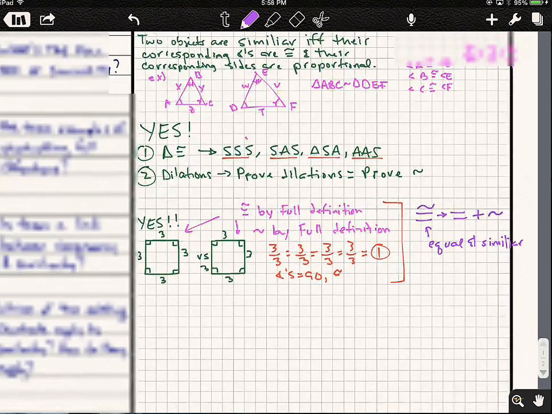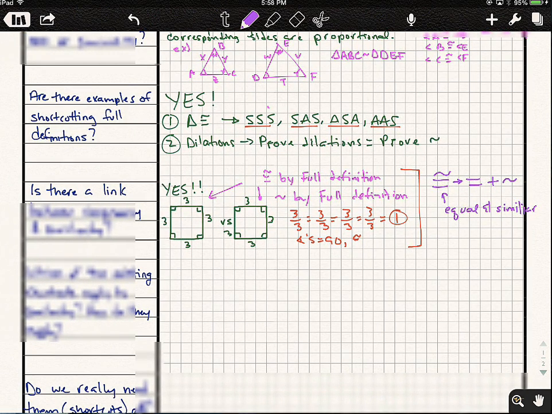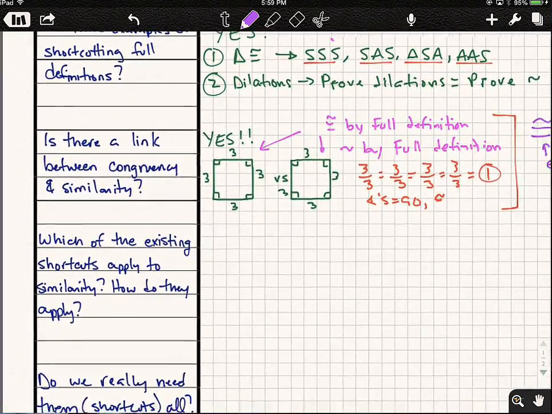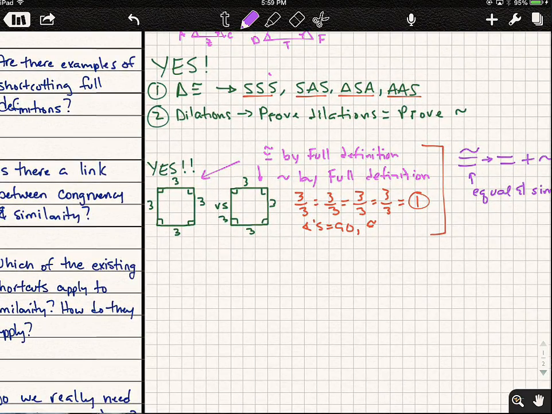In fact, if you look into the etymology of that sign, you'll find that's actually why it was chosen: it combines the quality of similarity with equal measure. So we know that this idea of similarity applies to congruency, at least in the sense where the k factor equals 1.